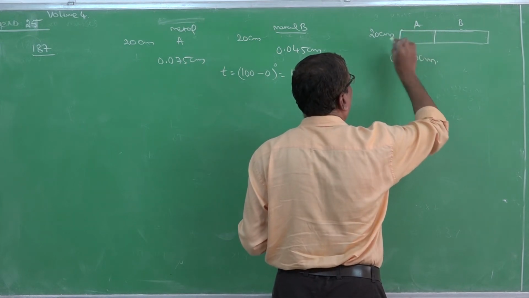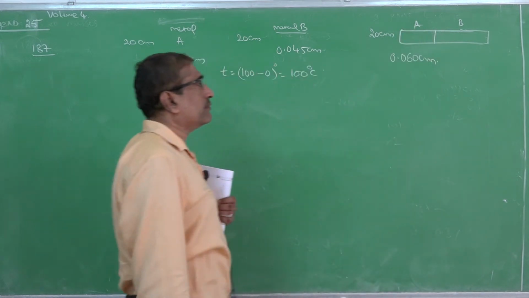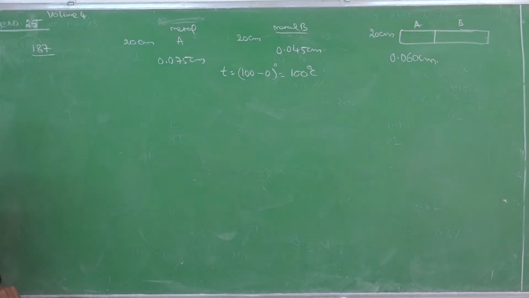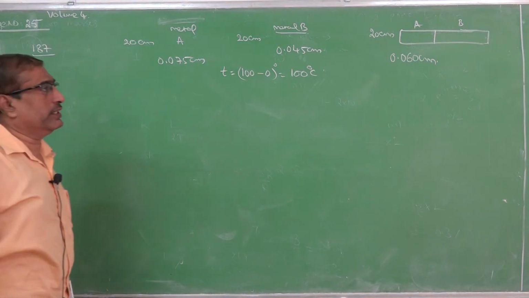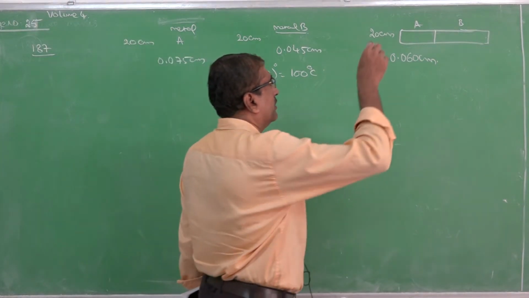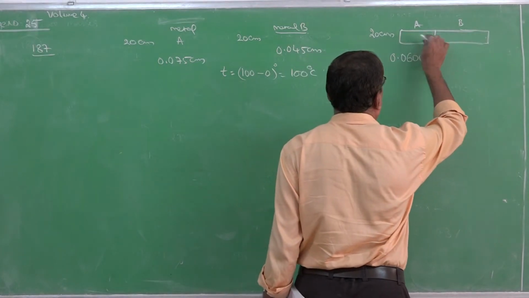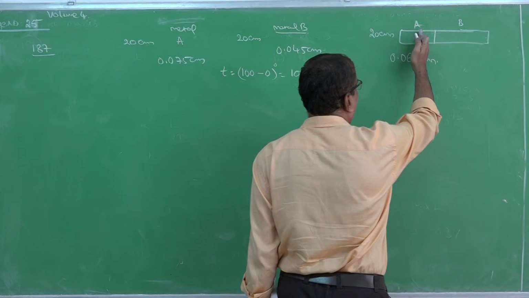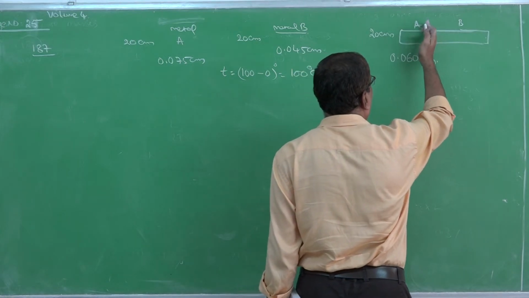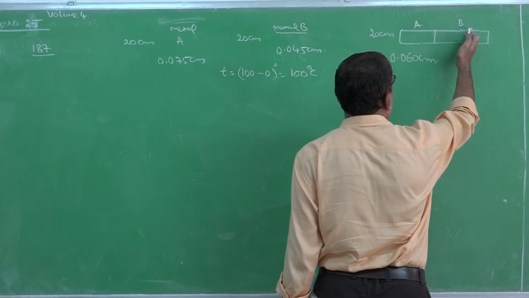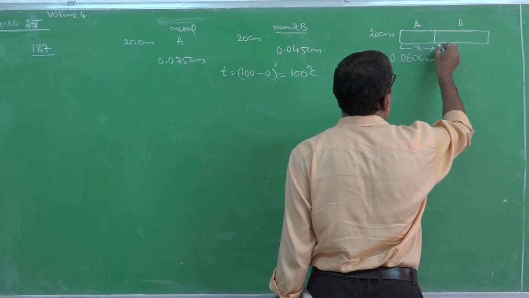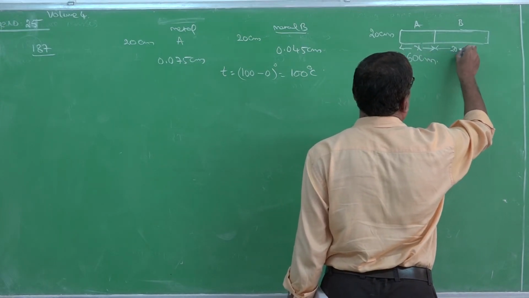So, how can we solve this problem? Assume that this particular third rod is made with metal A and metal B, one part of metal A, other part of metal B. Assume that the length of metal A is x in that particular rod, so that the remaining is 20 minus x.